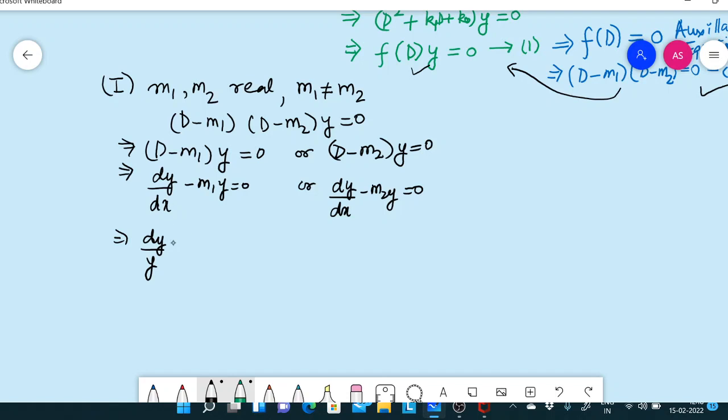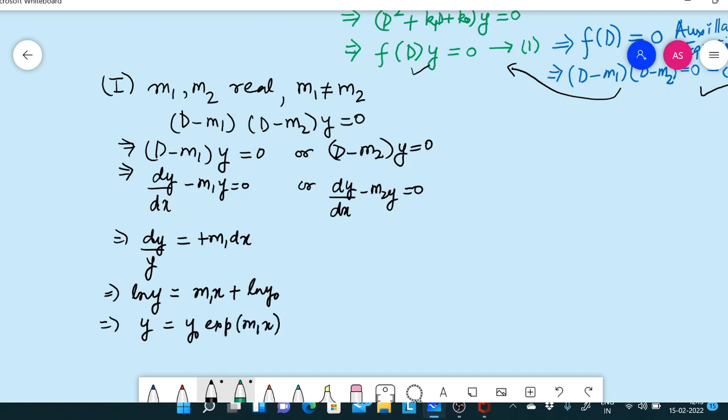dy by y is equal to m1 dx. I was using y0 for the constant of integration, but I will not use y0 as it.